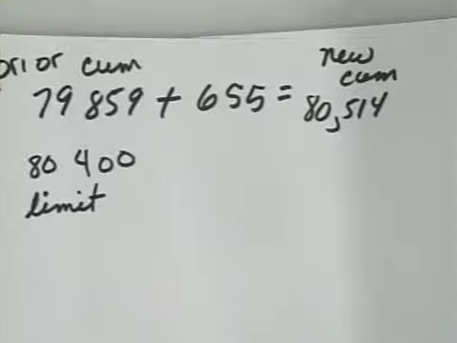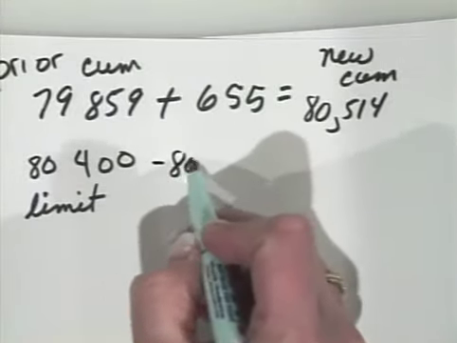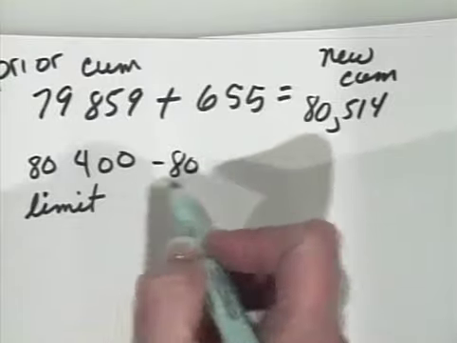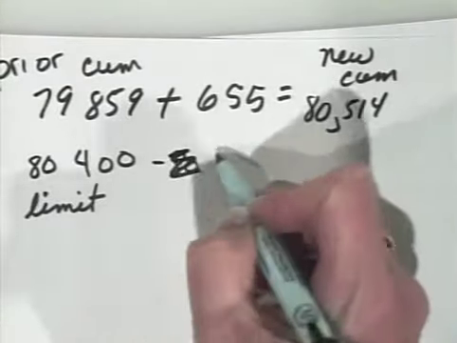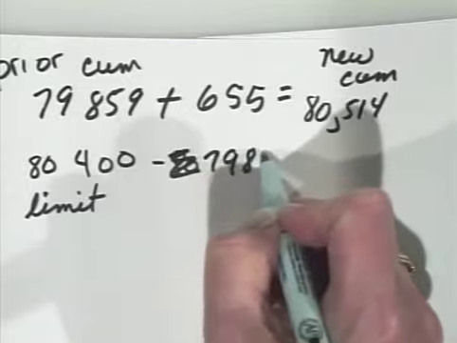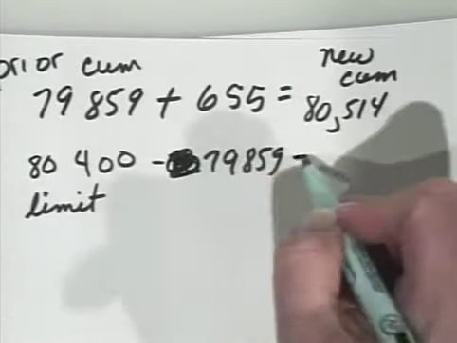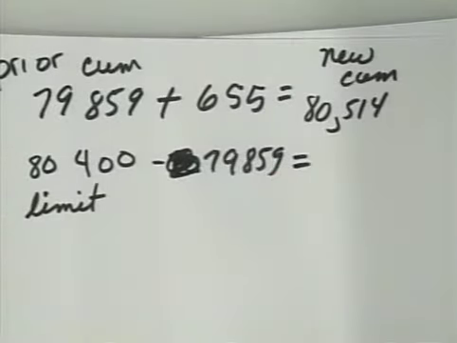We call that limit the ceiling. It's a maximum. I'm going to subtract 79,859 from last week's total. This will give us the number of dollars that are under the limit.